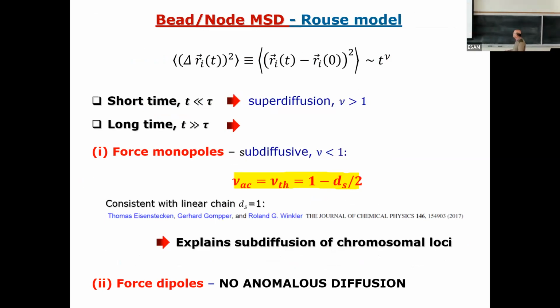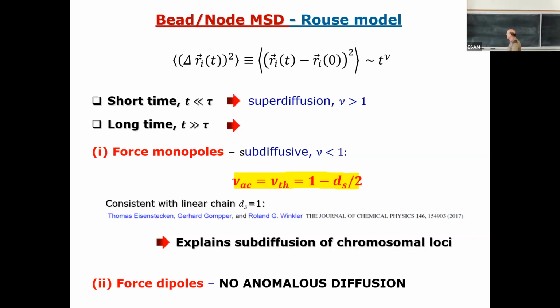But for long times, t much larger than tau, forces become uncorrelated, and you do get analytically that both exponents are equal to 1 minus ds over 2. And actually, it's consistent with studies on polymers, like Gompper and his group. So that explains the subdiffusion of chromosomal loci.